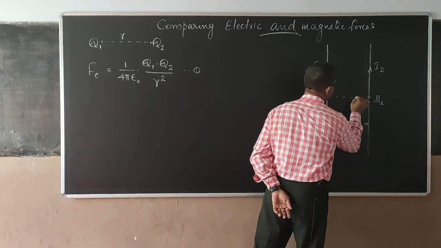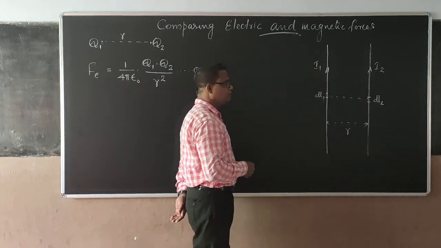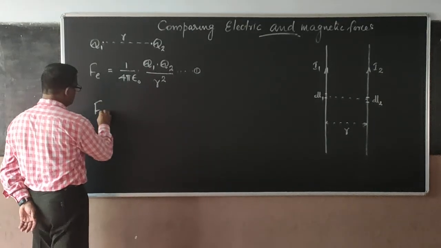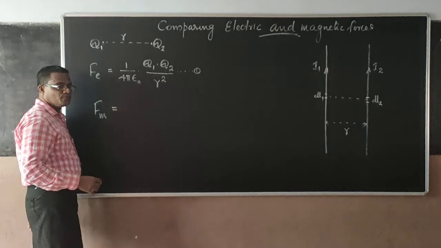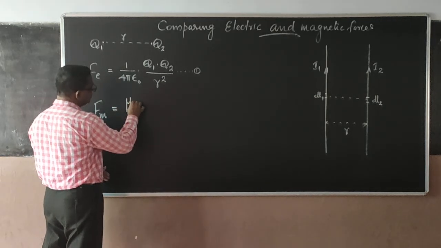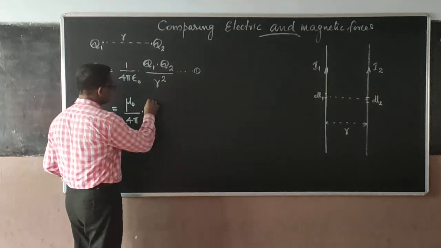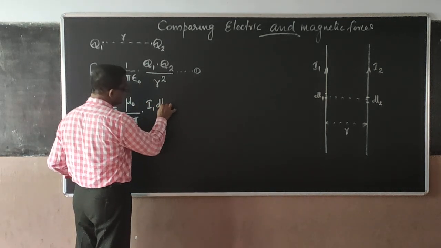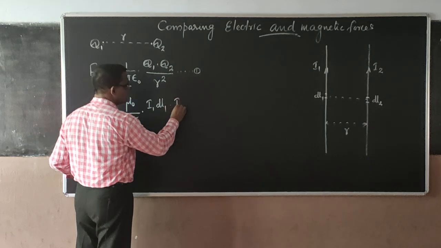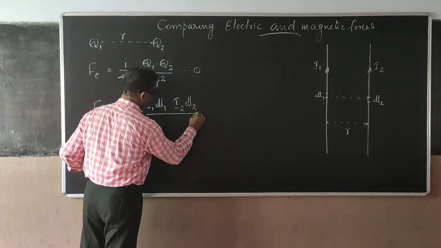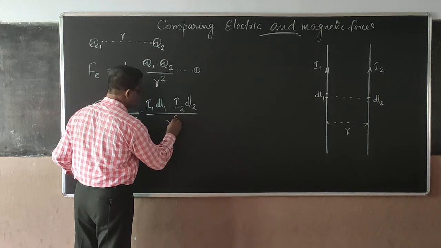Now what is the force between these length elements? I assume that force Fm will be equal to mu 0 by 4 pi into I1 dl1 into I2 dl2 divided by r square.